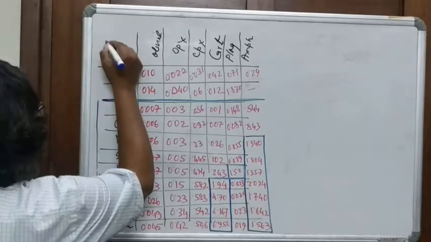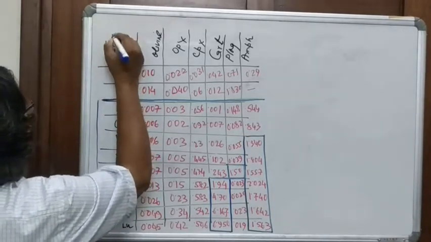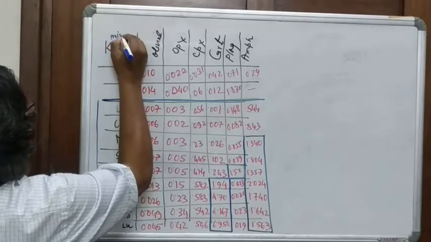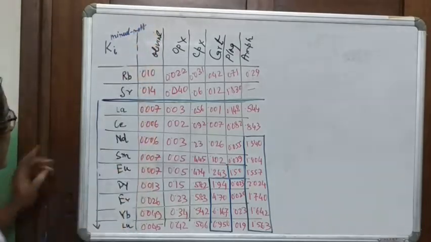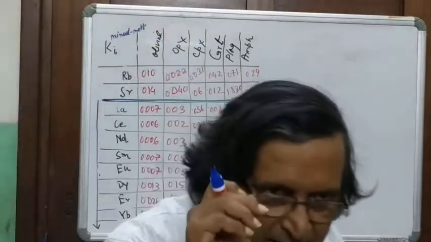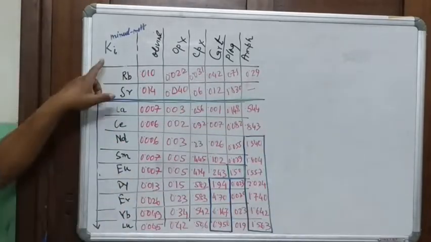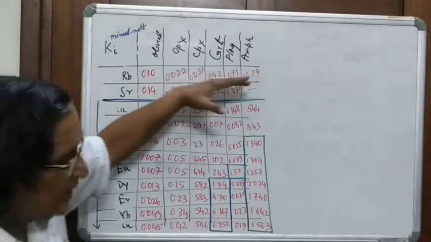So this is Ki, mineral, melt. These values are all partition coefficient values of a particular element. Say this is for rubidium along this column.